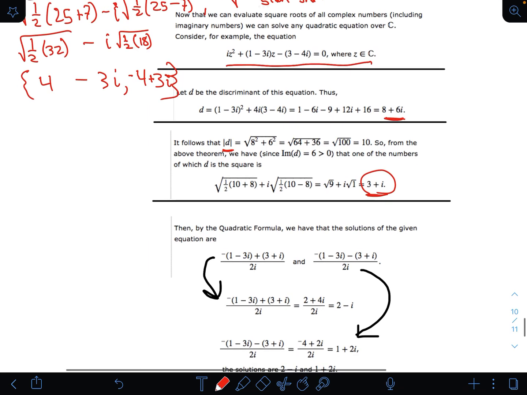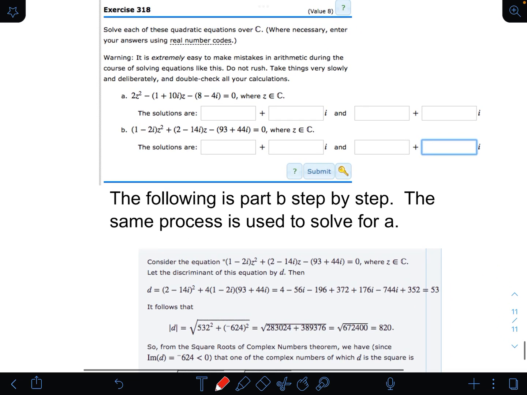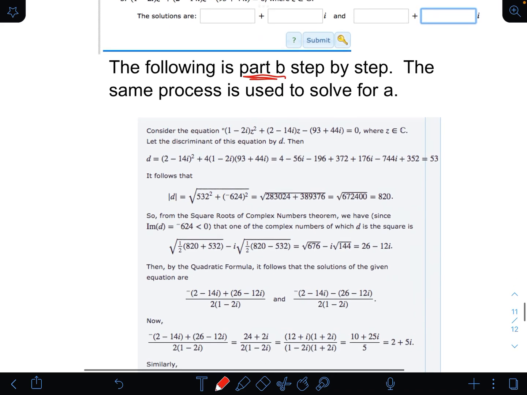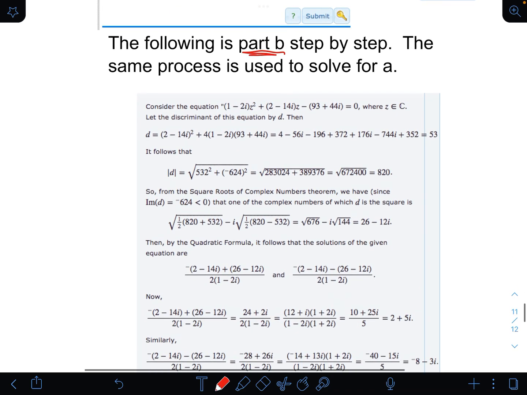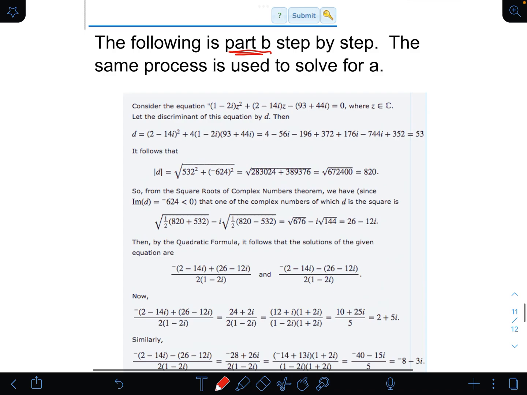And you get these solutions on this complex quadratic equation. It's quite messy, yes. And so for that reason, on 318, I took the liberty of giving you part B, because this one is the more complex looking one, obviously. This is the answer key, straight up and down. Although it does occur to me that this part here has got cut off, I should write minus 624i right there. There we go.